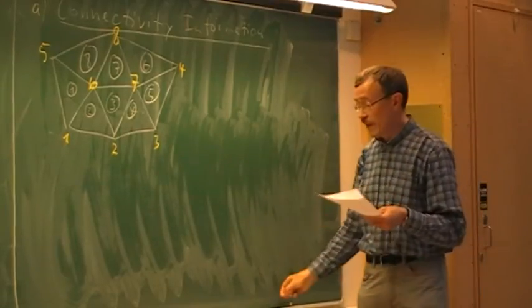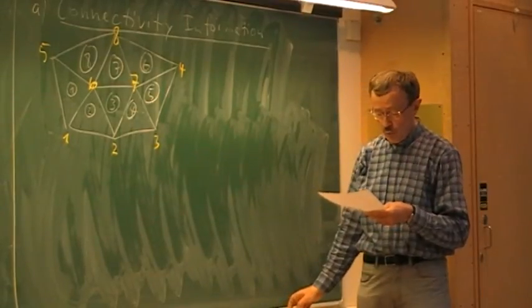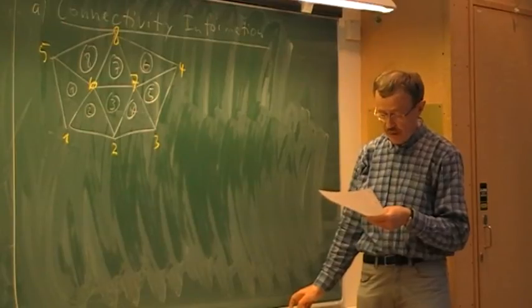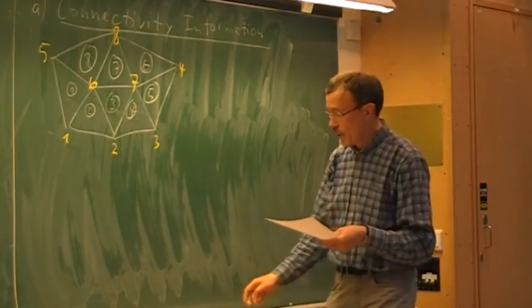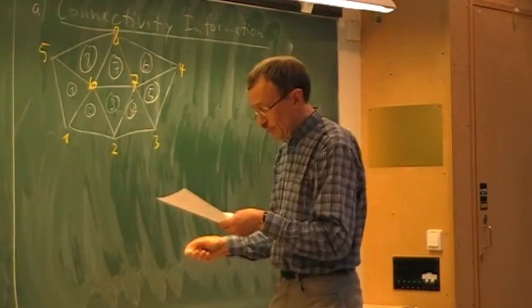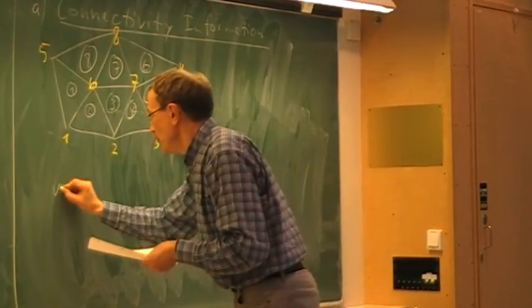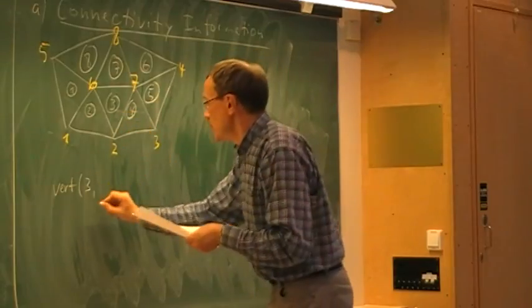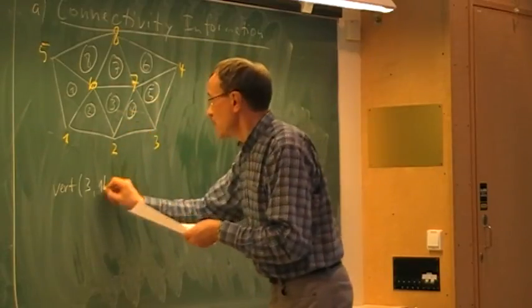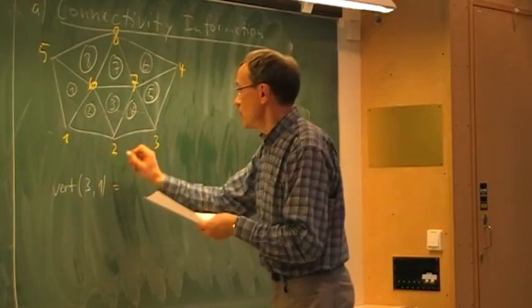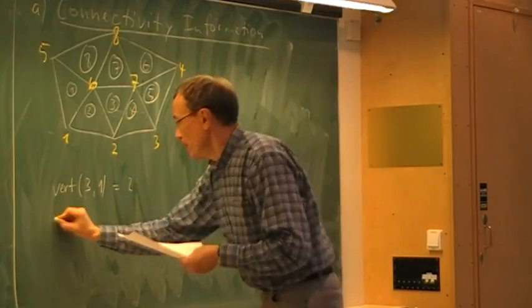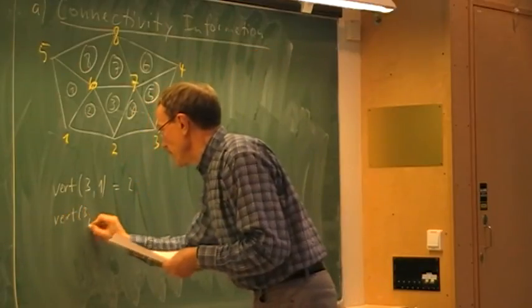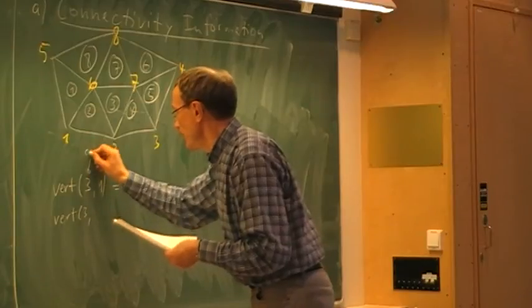Then you have to provide this information to the program. For example, you have to provide what the vertices of cell number 3 are. Say the first vertex is 2. The vertex of cell 3, so this is the cell number.